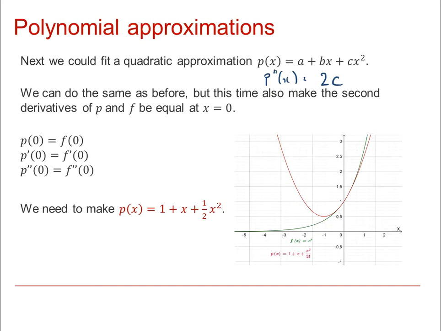So we have that 2c is equal to 1, which means that c is equal to 1/2. So we get our second order approximation, 1 plus x plus 1/2 x squared. And we can see therefore that we've got this curve here, and now the area in which it is a good approximation is getting rather larger.